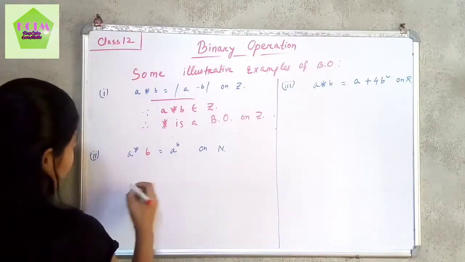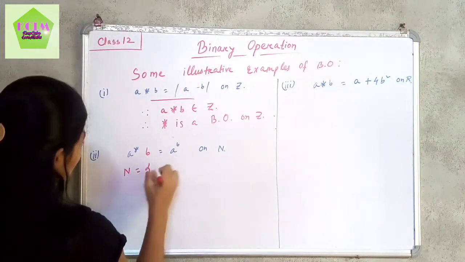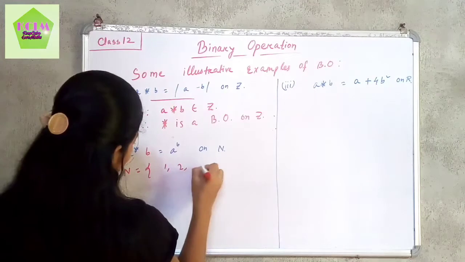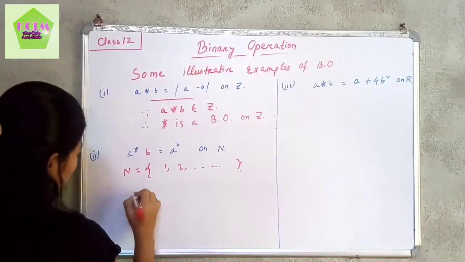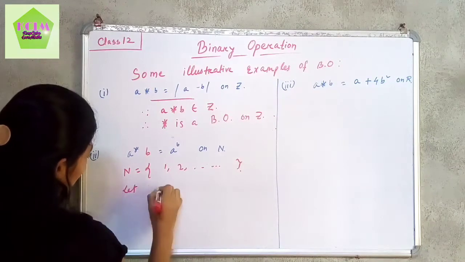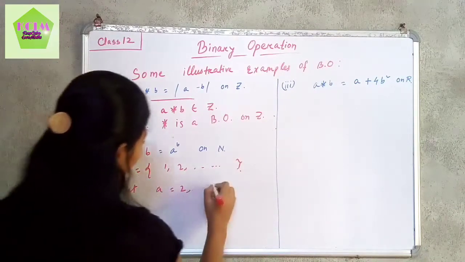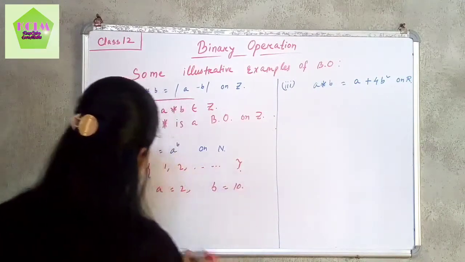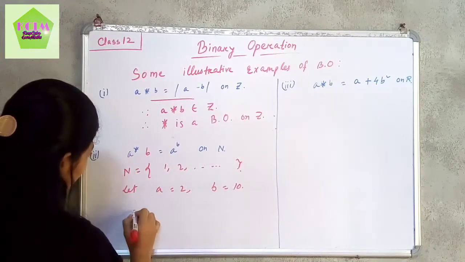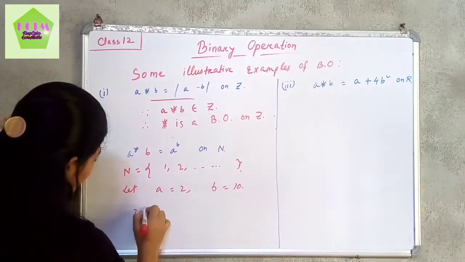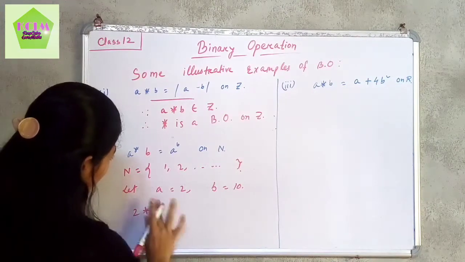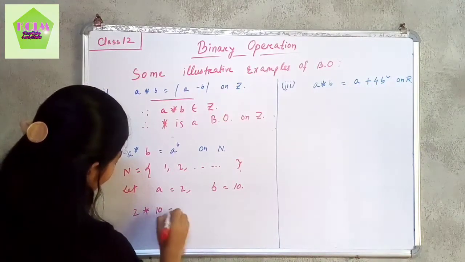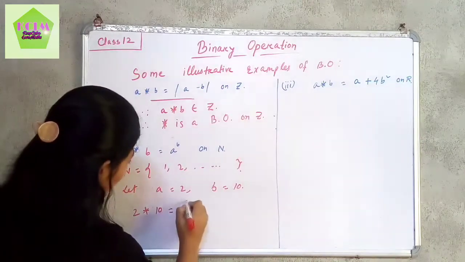Now we all know what a natural number is. Let us take two elements. Let us take a equal to 2 and b as 10. Now, by the definition of this operation, we will get 2 star 10 equal to 2 to the power 10.